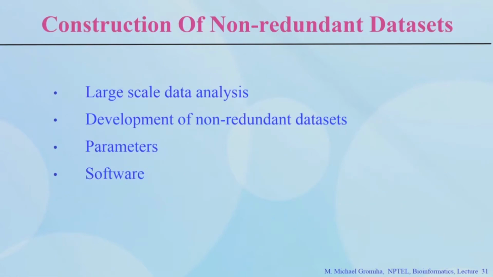So, when you derive any parameters for any analysis, if you deal with large scale data, it is very important to derive data sets. In this case we have to make a non-redundant data set. What is a non-redundant data set? Less redundancy, because if you add the same sequence several times, this introduces a bias.